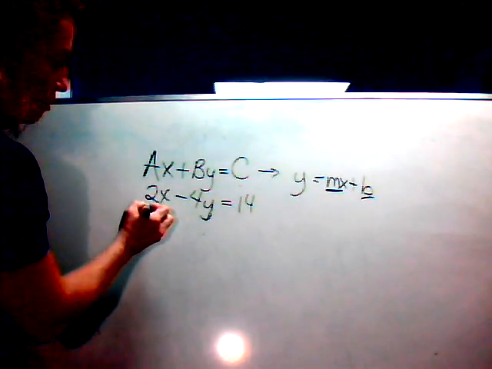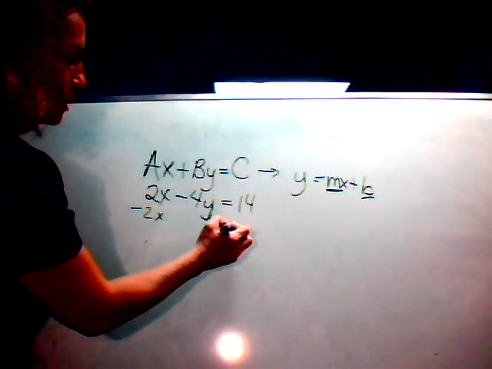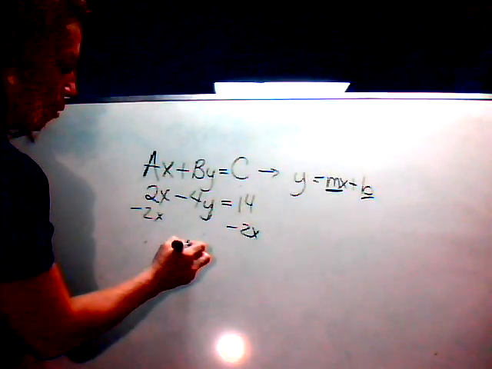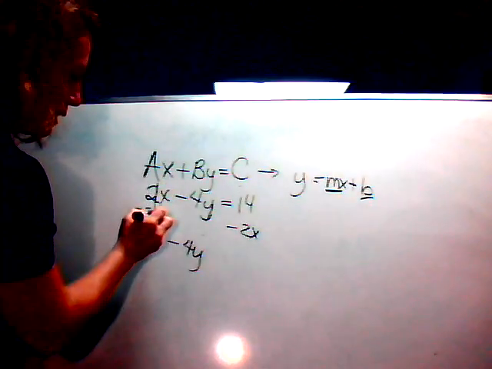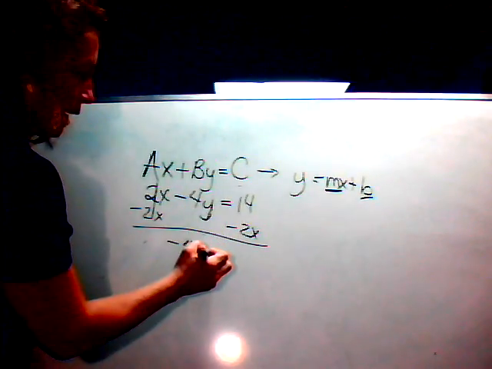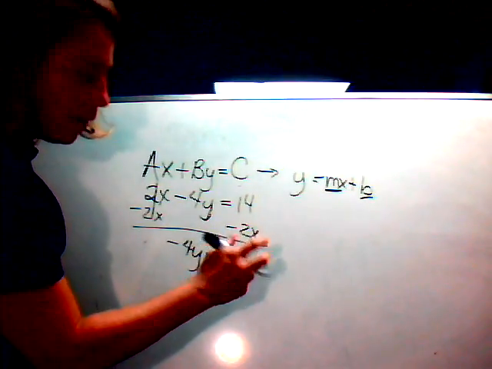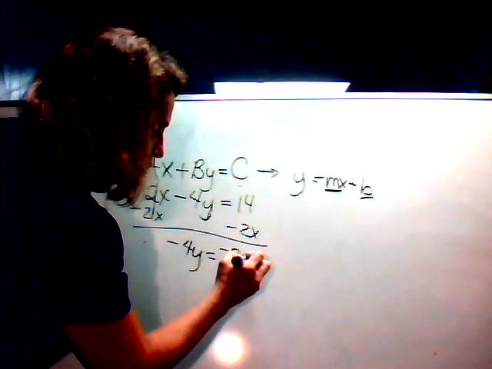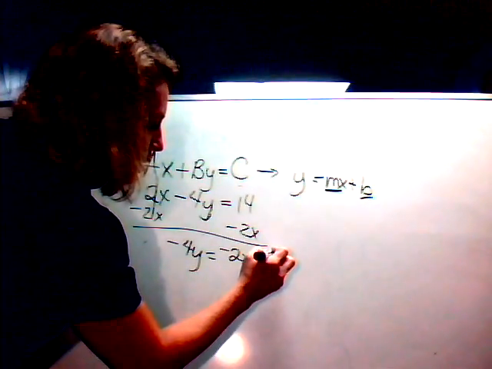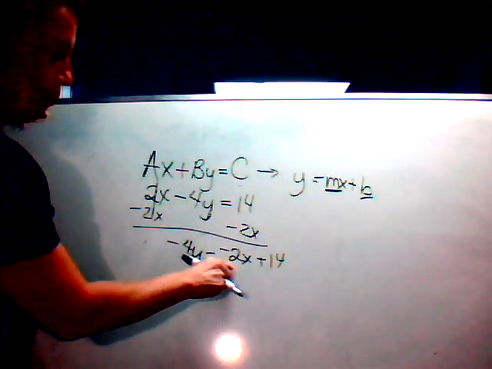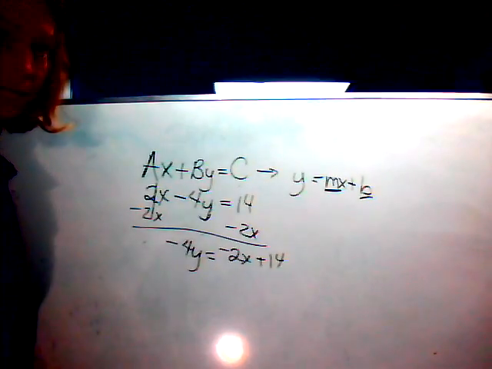So I'm going to subtract 2x from both sides, and I get negative 4y, because these cancel, equals, and I put my x first. If you put your x second, it's okay, but I like to put my x first, plus 14. So I end up with negative 4y equals negative 2x plus 14.